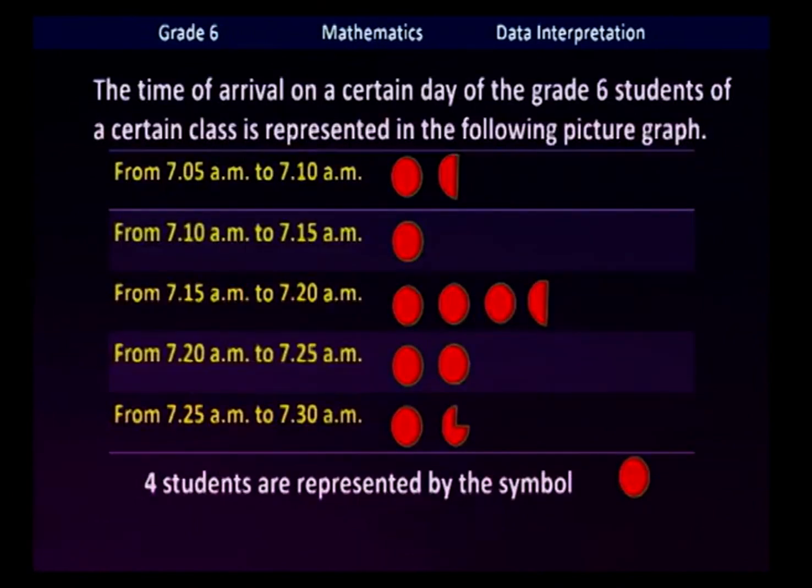We'll see another question. The time of arrival on a certain day of the grade 6 students of a certain class is represented in the following picture graph. Look at this picture graph very carefully. We have used circles to represent this data. Then how many students are represented by this symbol?